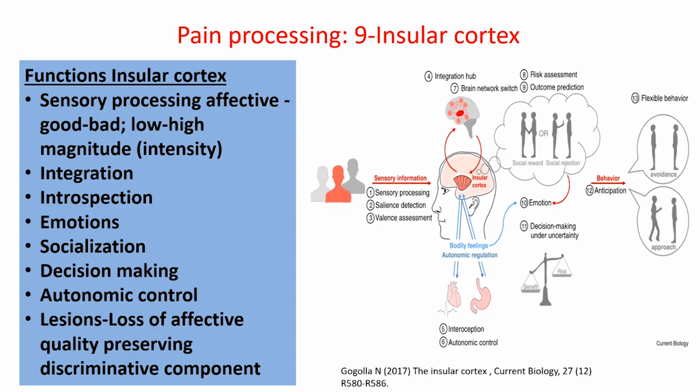Insular cortex is the judgmental cortex, and it will try to weigh the pain modality. It receives inputs from various components, that is the somatosensory area, the cingulate cortex, the amygdala, the prefrontal cortex, and it will decide certain important features.